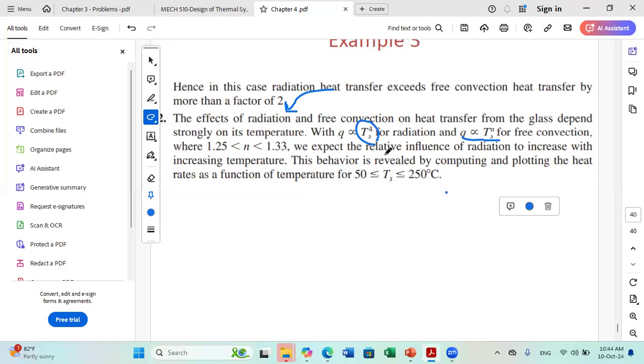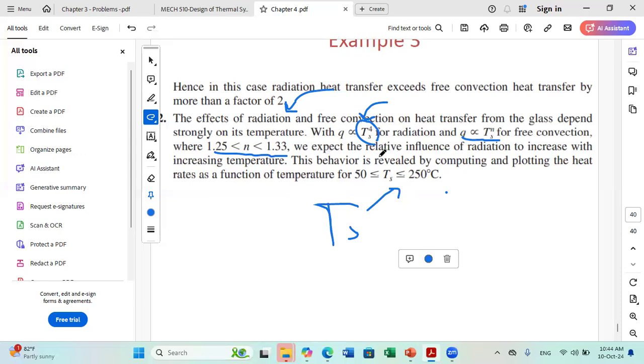That's why we can say that for free convection it's proportional not just to delta T, because h is also affected by temperature, and the exponent is nearly between 1.25 and 1.33, depending on the geometry, depending on the temperature, etc. So radiation is much more affected by the temperature of the surface. That's why if you increase T surface, the dependence on radiation will be more and more dominant.